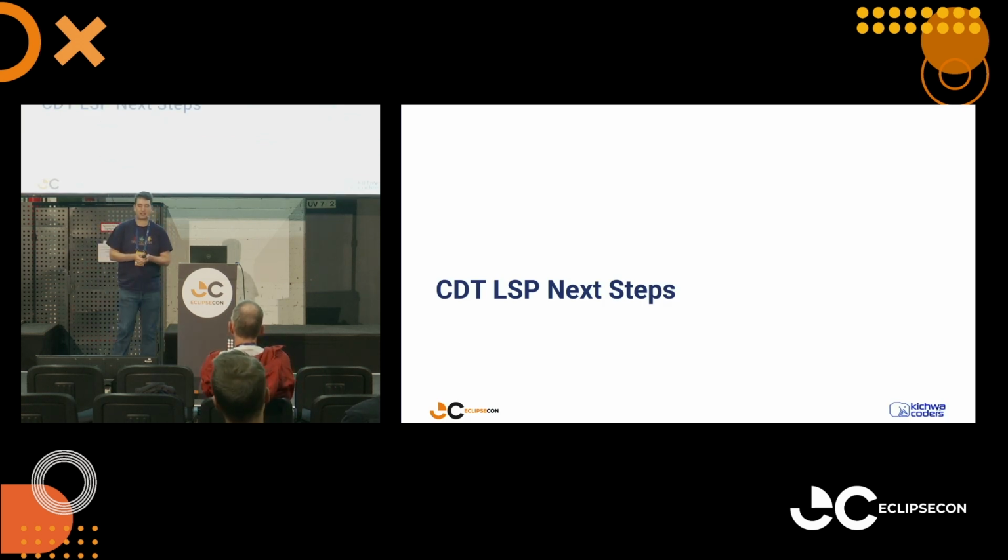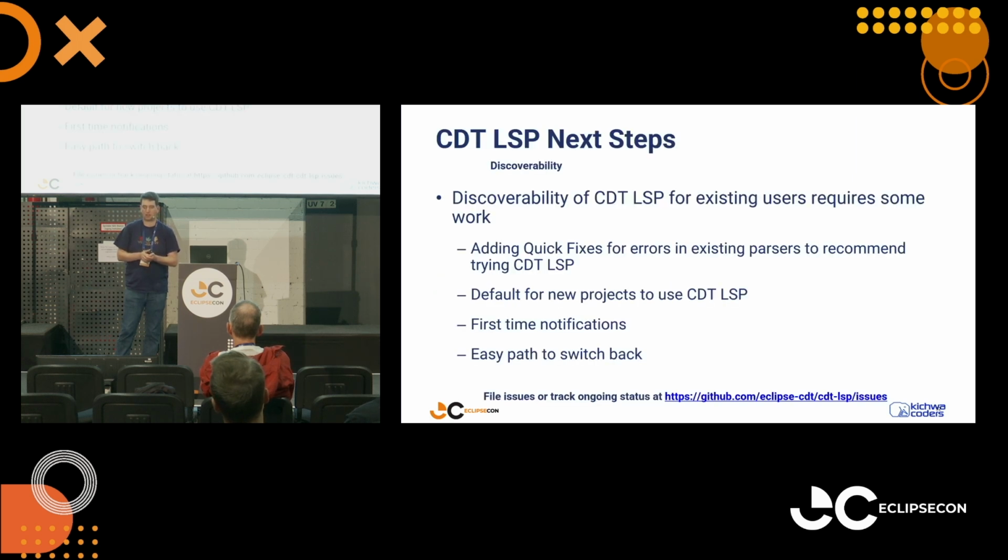So what are the next steps for CDT LSP? There are a bunch of improvements still to be made. The first one is discoverability. If users don't know this exists, they're going to abandon CDT, and that's not ideal. We're going to be adding some quick fixes so that if you hit a parsing error, one of the quick fixes in CDT 12 should be: do you want to try CDT LSP?